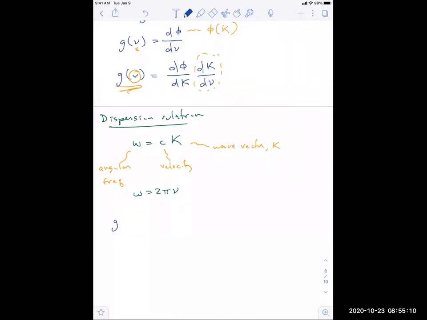All right, so my goal is to get g of nu equals d phi d nu. So this is d phi dk times the dispersion relation in omega space, and then converting from omega space back to our normal frequency space nu.